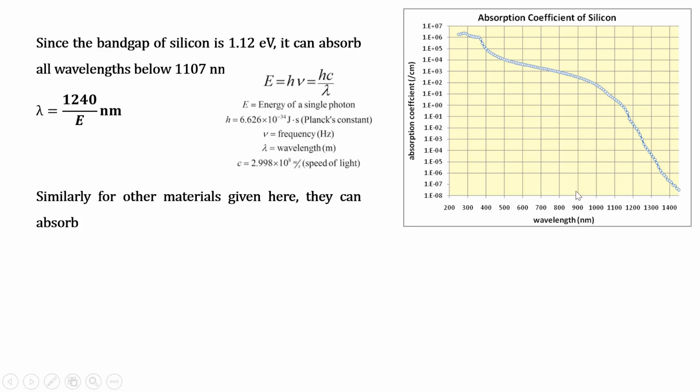After 1107 the cutoff will start happening. The band gap value will be converted into a particular wavelength, and all the wavelengths below 1107 will be absorbed. Only wavelengths greater than that will be allowed to transfer through.